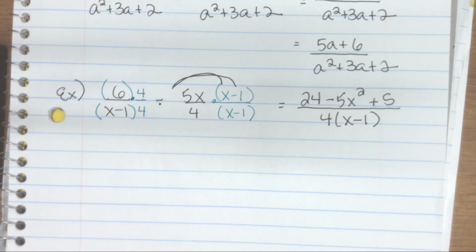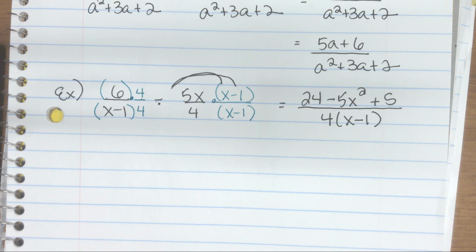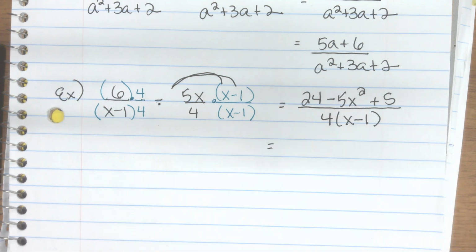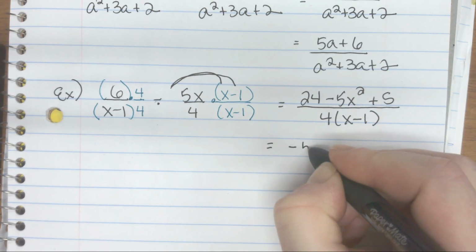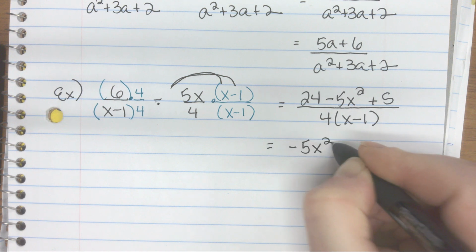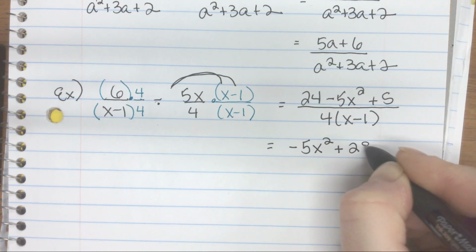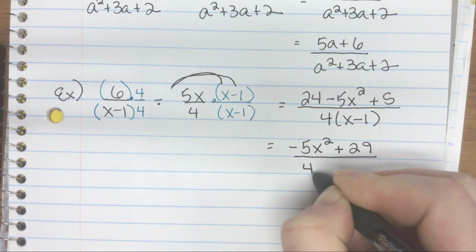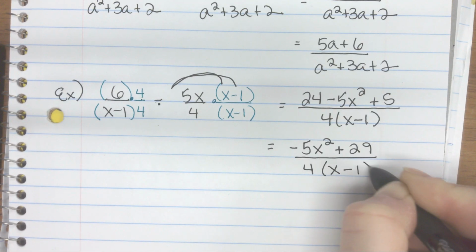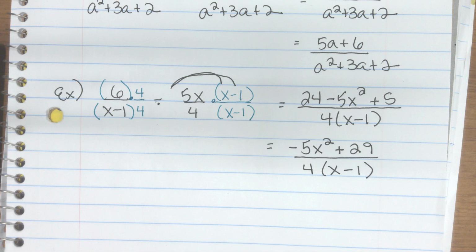Is there anything we can simplify on this one? The 24 and the 5. 24 plus 5 is 29. So I would simplify the top. It would be negative 5x squared plus 29 over 4 times the quantity x minus 1. Would that be an answer, or can you distribute the bottom?